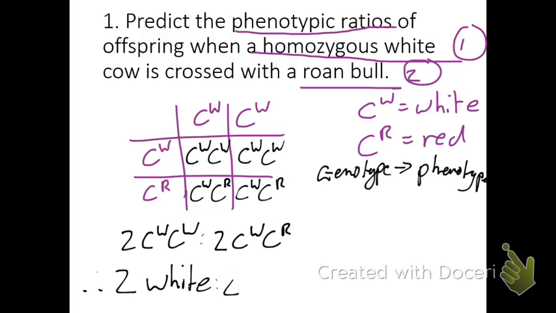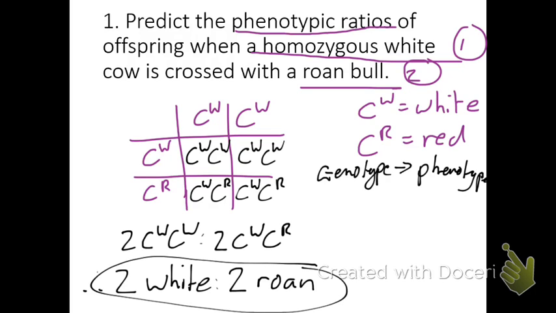Remember, this mixed one, this heterozygous phenotype, is roan. Okay, the phenotypic ratio is 2 white to 2 roan, and I am going to simplify that down to 1 white to 1 roan. I'm sorry if my stylus is making a lot of clicks. I'm actually not sure what it sounds like. 1 white to 1 roan. Okay, and that's my answer there.